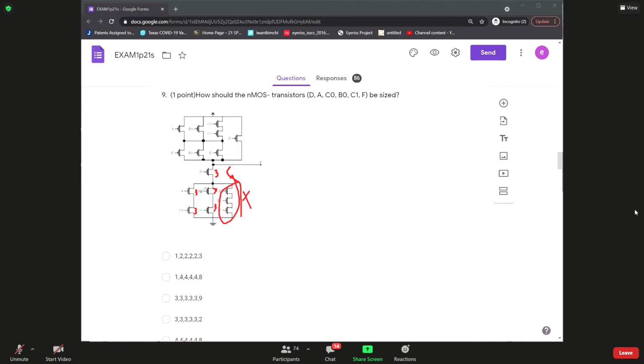What it means is that you're going to end up with 1/3 of an R for each one of these things. And this has to be 2/3 of an R because every path has to add up to 1 R. How are you going to come up with 2/3 R for 3 transistors in series? You're going to come up with some large transistors, and that's not going to fly.